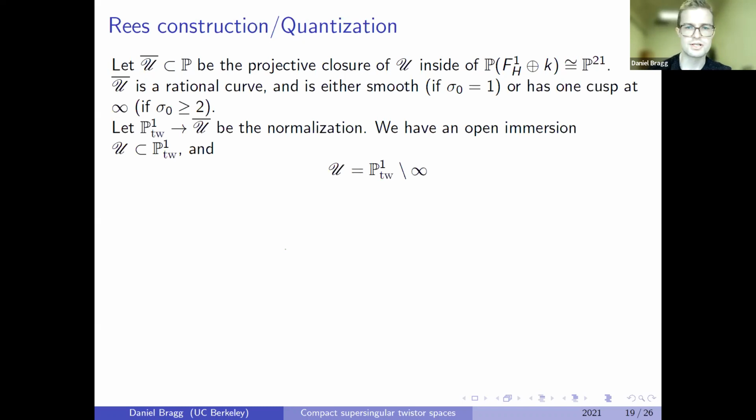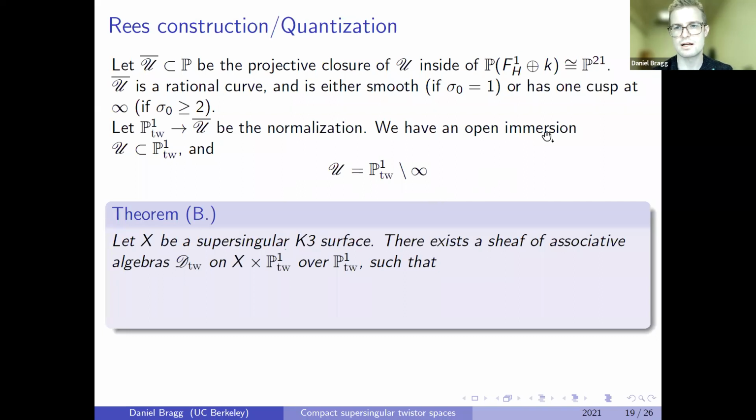And its normalization is P1. So I'm just setting up notation here. I'm going to let P1 sub TW be the twistor P1. I found it helpful to put a subscript on it. I'm going to define that to be the normalization of this curve. And by the way I've constructed it, I took this U and added one point at infinity.